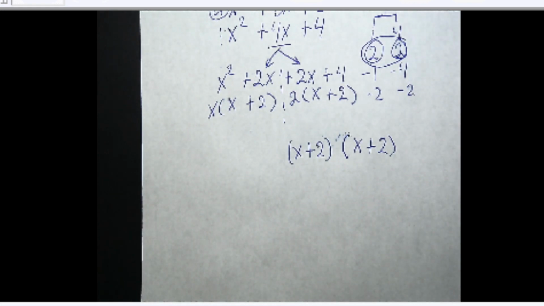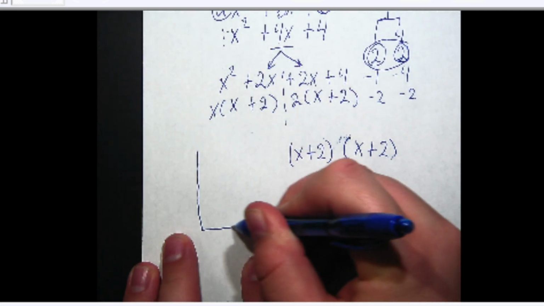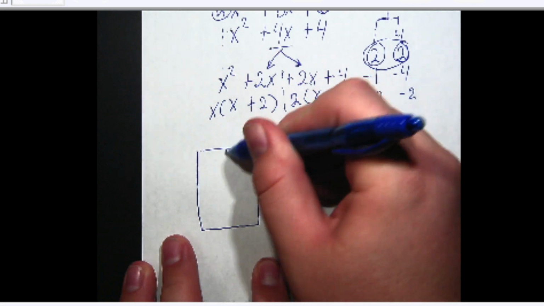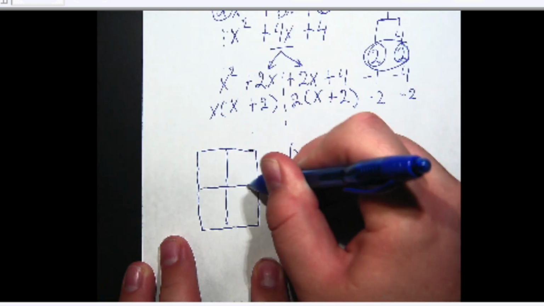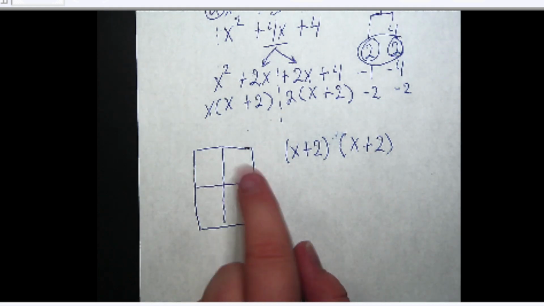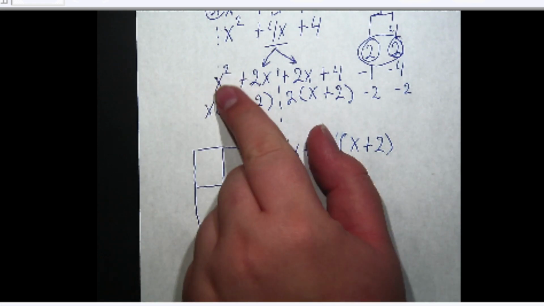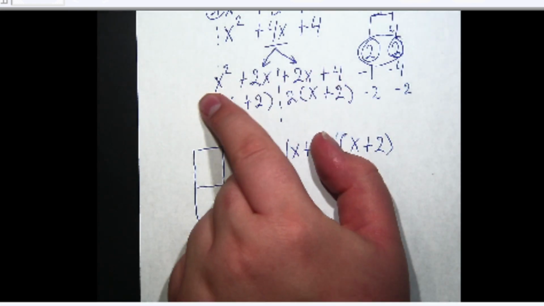The box method makes a framework for you to use to factor this. Draw up a box, split it into 4 parts. Each of these little cubby holes will contain one of these 4 terms in our polynomial.